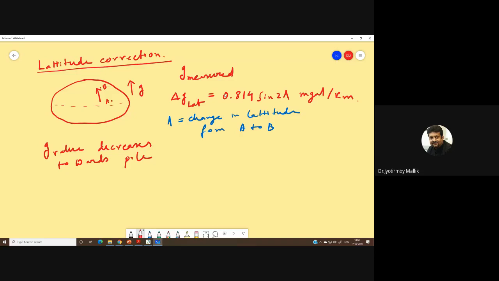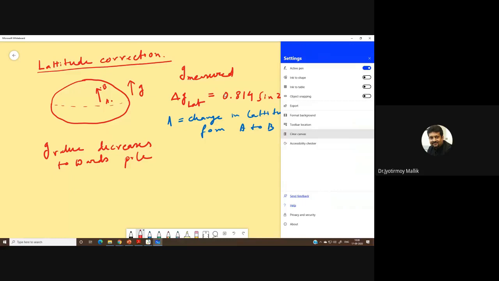So if I want to calculate B with respect to A, then I have to add delta G latitude. And if I want to calculate A with respect to B, then I have to subtract delta G latitude. Now, this is fairly easy.